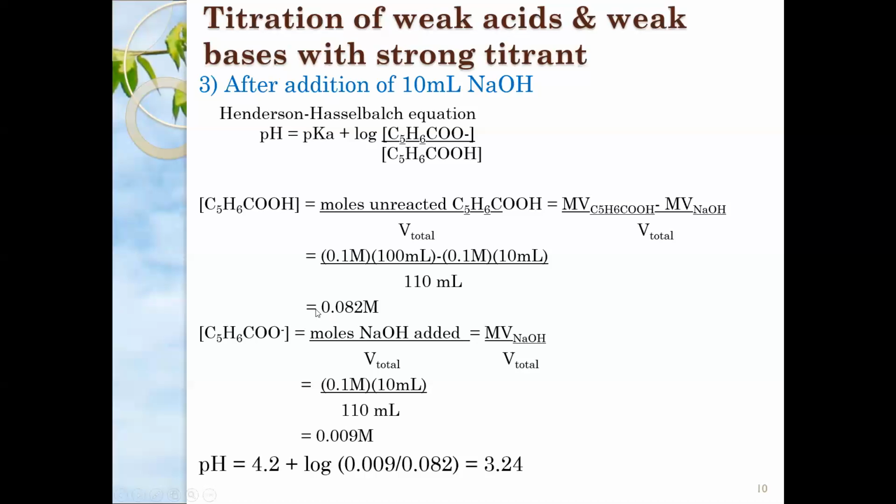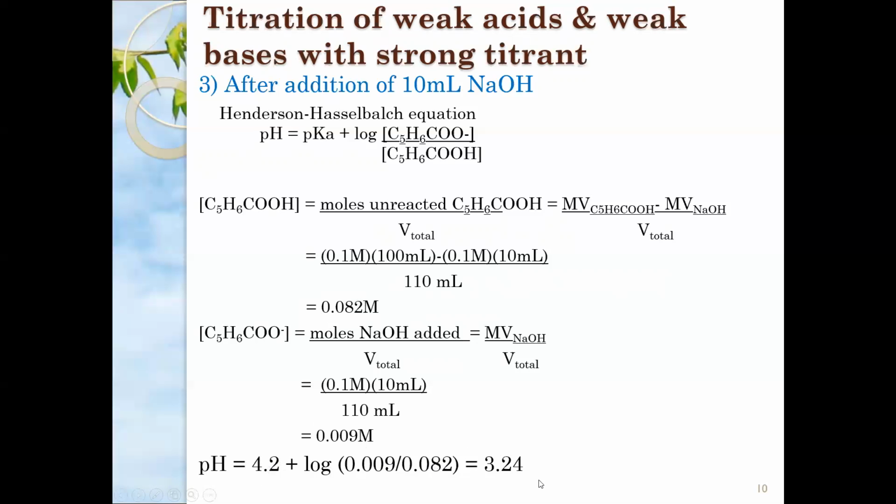Once you get the new concentration of the acid as well as the conjugate base, you substitute them into the Henderson-Hasselbalch formula to find pH. Ka was given, so you can calculate pKa. You divide the concentration of base over acid first, then take the log, then add 4.2.